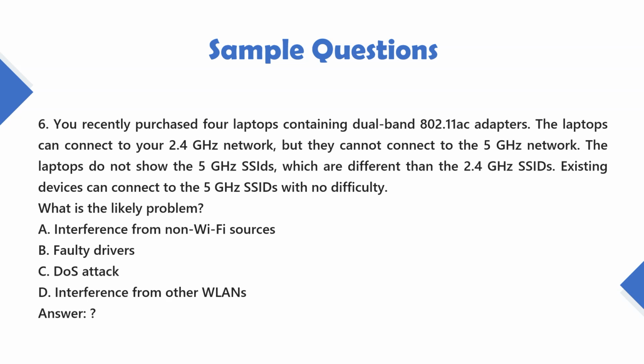Existing devices can connect to the 5 GHz SSIDs with no difficulty. What is the likely problem? A. Interference from non-Wi-Fi sources. B. Faulty drivers. C. DoS attack. D. Interference from other WLANs.